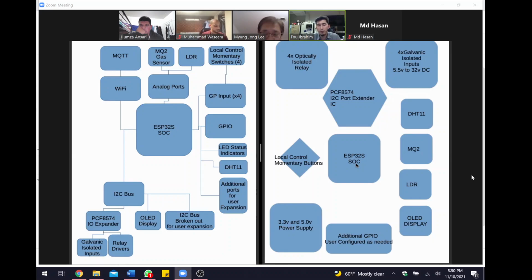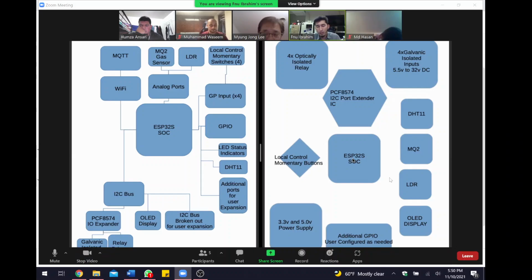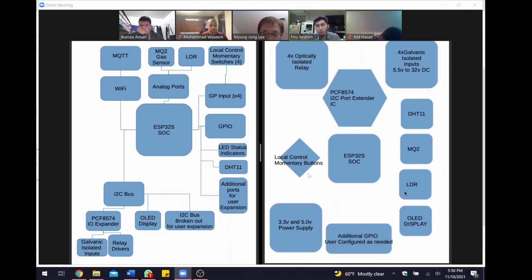As you mentioned, it has 32 analog pins. Also DHT11 and MQ2, LDR, all those 3 sensors we have been using in our project. And also we could use an OLED display and additional GPIO if we need it.